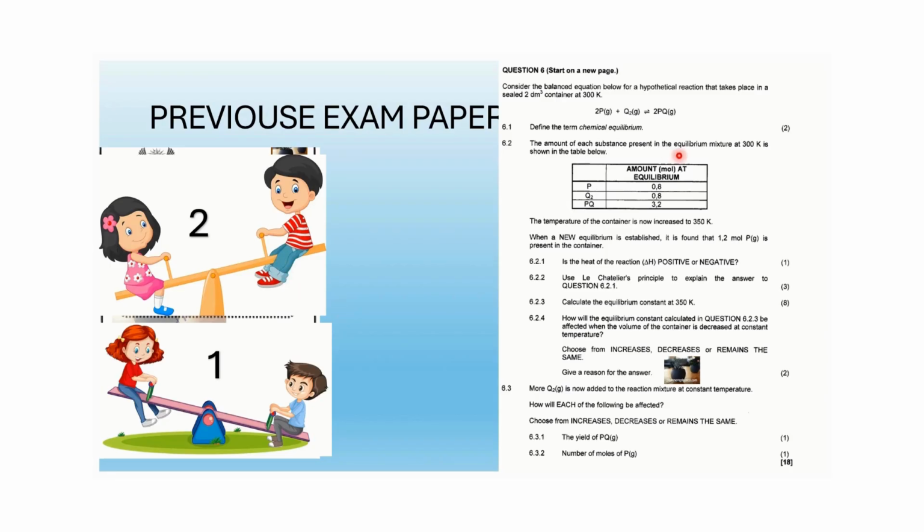If you check it out, if we add more Q2, it will be heavy here on the reactant. And when it's heavy on the reactant, it will tilt like number 2, because it will go down here on the reactant, meaning that the seesaw that is going to help us in this case is seesaw number 2. Now, what does seesaw number 2 mean as far as Le Chatelier's is concerned?